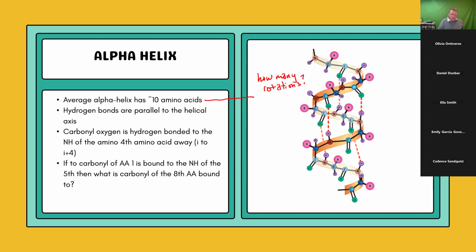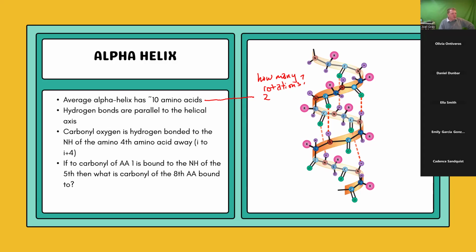Well, that's kind of a tricky question, and it can be asked in a tricky way. If the question is like, how many complete rotations? Well, complete rotations would be two. If I don't ask about complete rotations, which I'm not intending to ask this sort of tricky question, it would be something like 2.7.